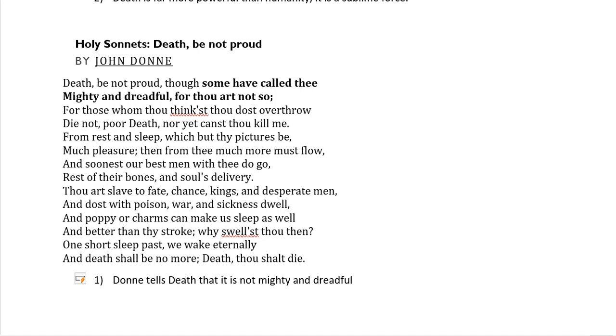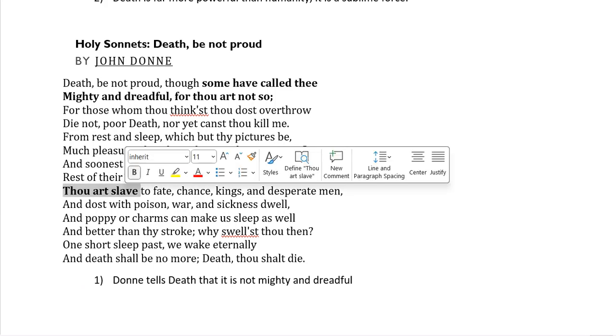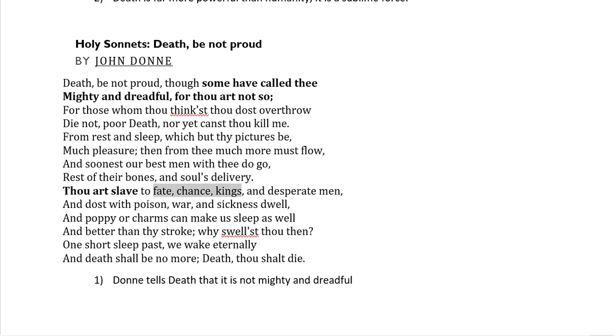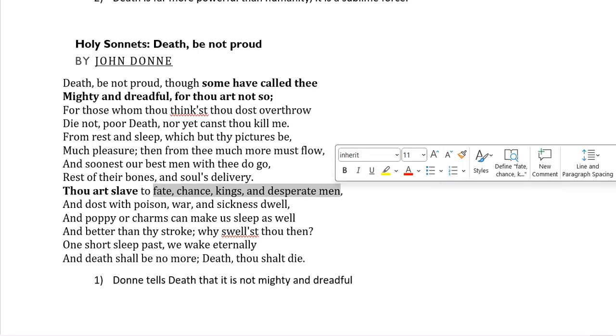Thou art slave to fate, chance, kings, and desperate men, and dost with poison, war, and sickness dwell. Okay, so now we're getting an idea. And the idea is this: that death is not mighty and dreadful, because death is not in charge of its own actions, it's a slave. You are a slave to fate, chance, kings, and desperate men.